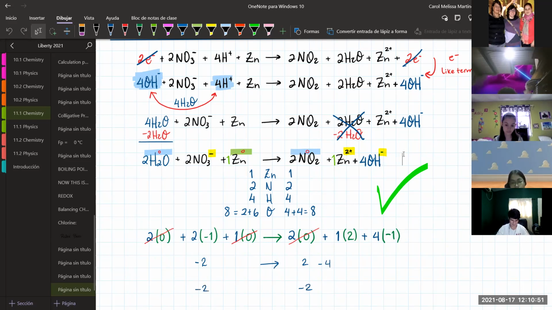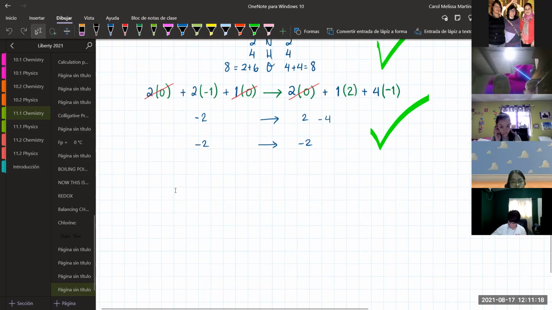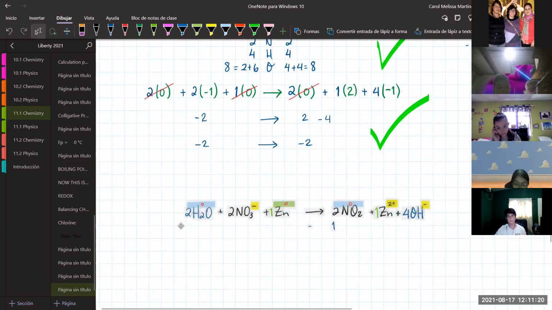And negative 2 is the same in the two sides of the equation. And with this, that we compare the two numbers are the same, we say that it is also electronically balanced. The number of electrons is the same in the two sides of the reaction. And then if you want to make my life simpler, you can just write the final answer in a box, like I did right here.